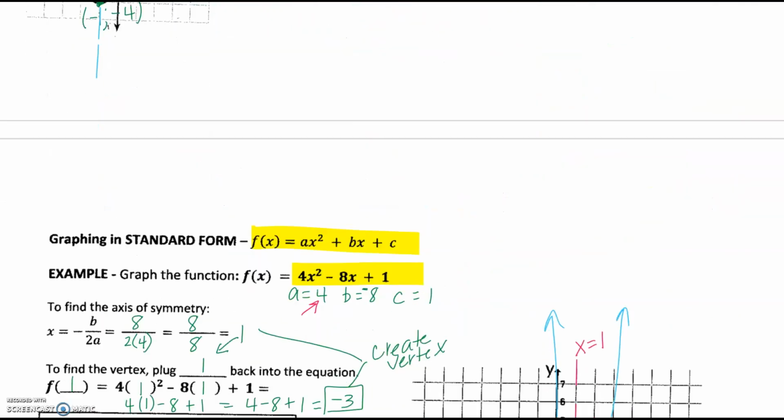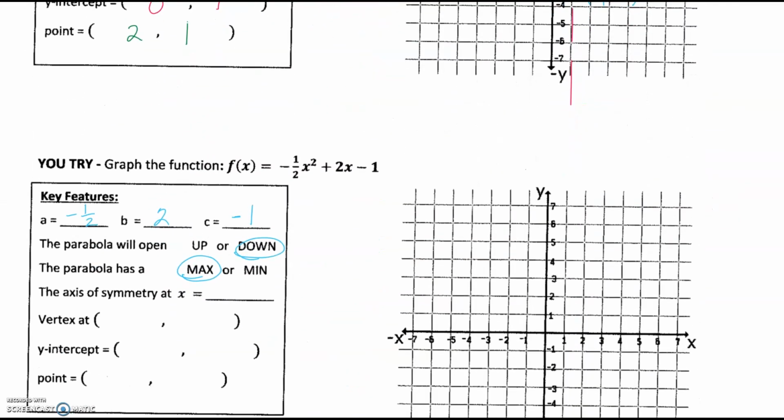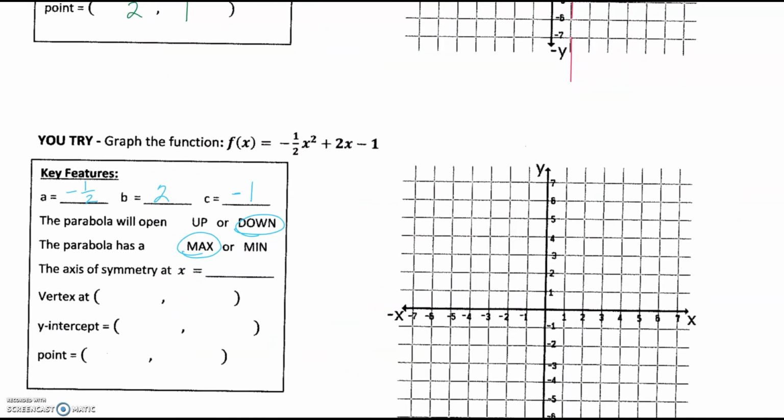Okay, so let's go back just so you remember where to find that information. The axis of symmetry, we find by doing negative b over 2a. So I'm going to do this right here, negative b over 2a. When I do this, I'm doing the opposite of b. B is 2, so that's negative 2, over 2 times negative 1/2.